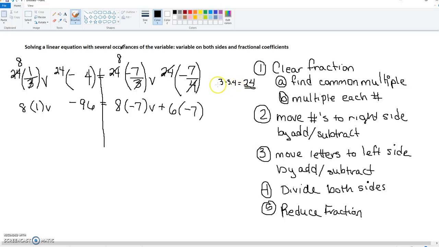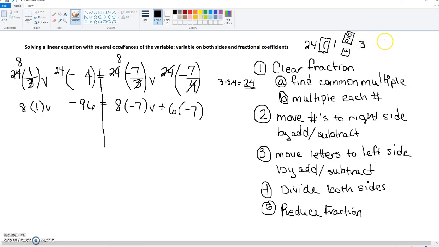If you are using a calculator, I'm going to write those steps up here. You would type in 24, you would press your parentheses button, and then you will type in 1. Depending on which calculator you have, you'll press either the fraction key or the division sign.